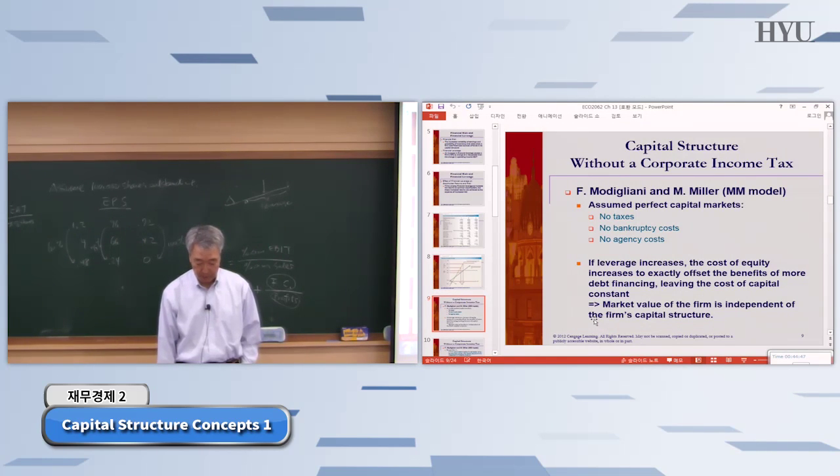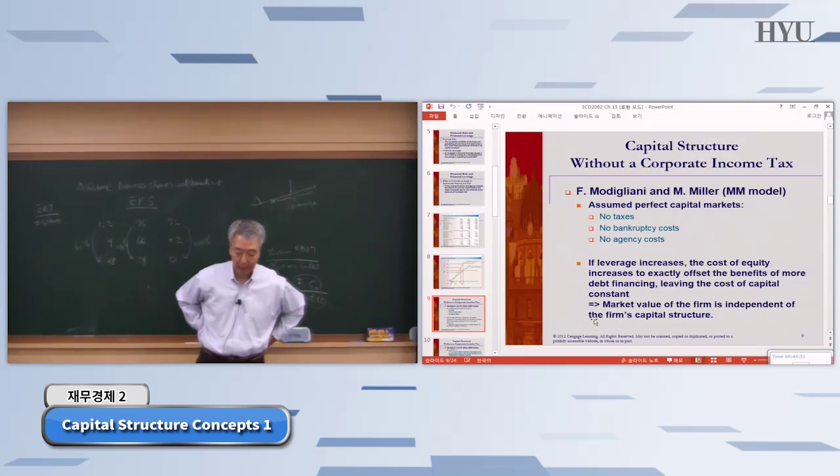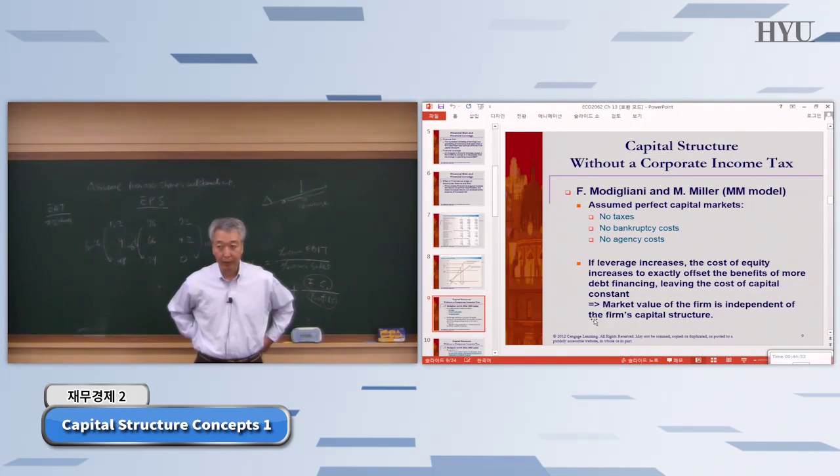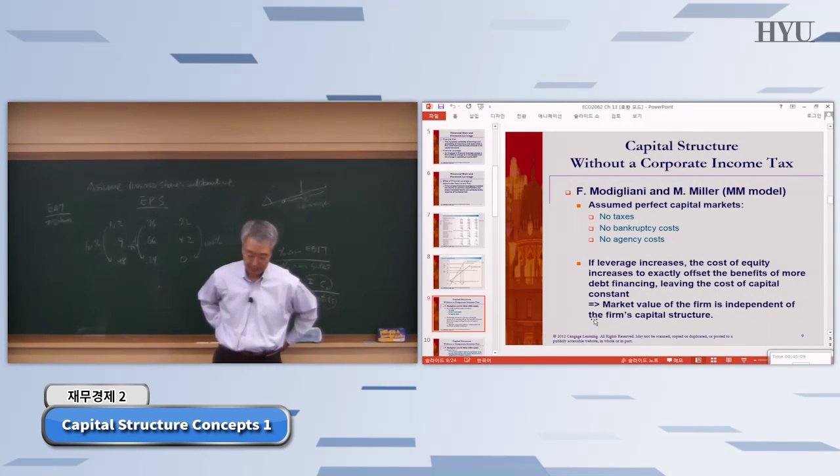All right, here we have an interesting theory. It's called the MM model, Modigliani and Miller, Franco Modigliani and Merton Miller. These guys, about 50-some years ago, introduced a theory.